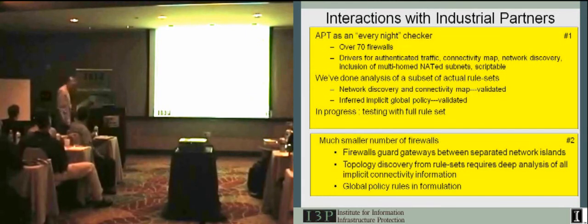The second partner has a much smaller set of firewalls. That one has 70, this one has 6, I think, but a very interesting network architecture with some backups that are all intertwined in interesting ways, and we're working with them to make sure that's all going as it ought to. That's been beneficial for us, and we hope for the partners as well.